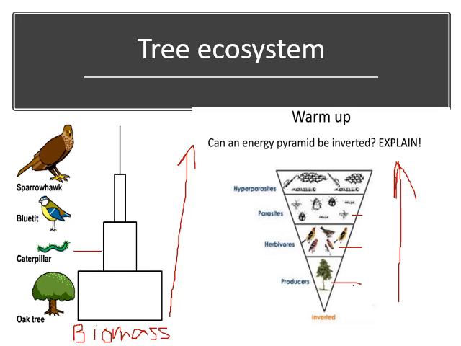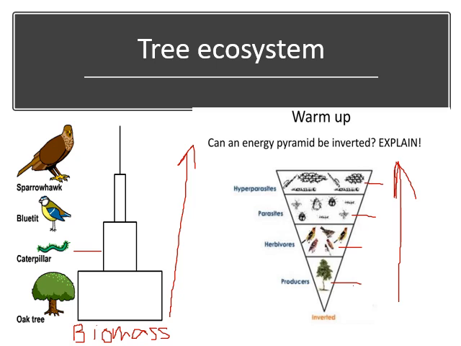And then parasites which are living inside or outside the body of these herbivores, their number is more than these herbivores. And hyperparasites which attack these parasites, their number is even more than the number of parasites. So in the case of a tree ecosystem, there can be both an upright pyramid or an inverted pyramid. The pyramid of biomass is upright, and the pyramid of number of a tree ecosystem is inverted.